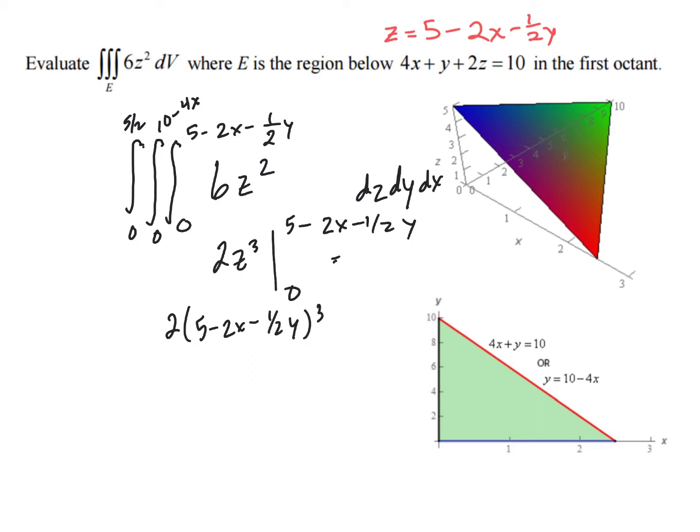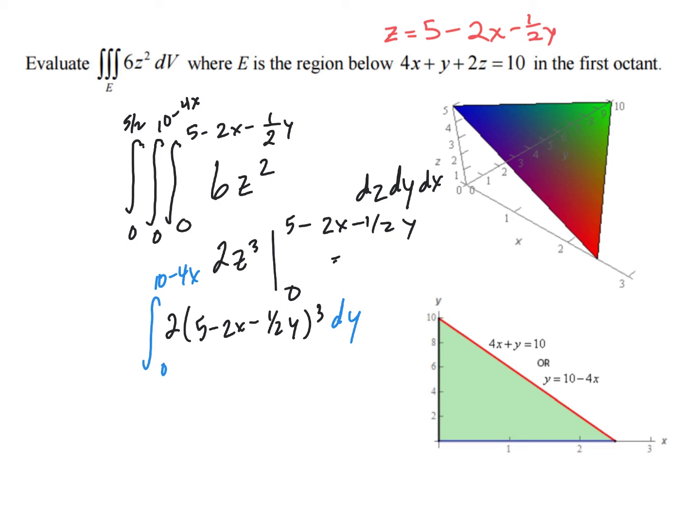Next up, we're going to do 0 to 10 minus 4x, dy. Now remember, this looks awful, like you have to actually multiply this out. We don't. We can use some substitution here.